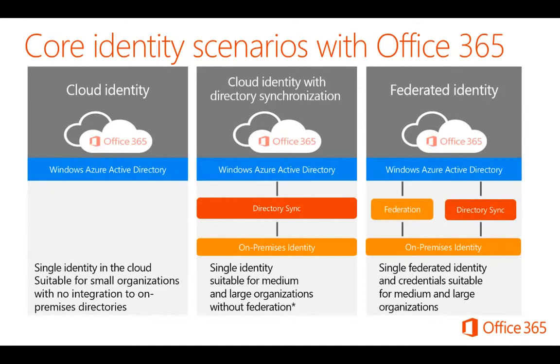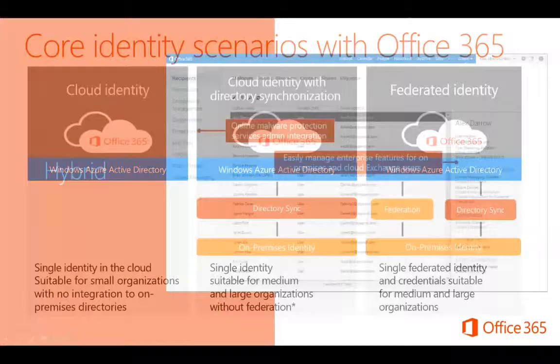That works in conjunction, again, with the DirSync utility, which synchronizes users from the on-premises Active Directory up to Windows Azure Active Directory. Today, this works in a single forest. In the future, we'll be releasing an update that will allow the synchronization to take place in multiple forest Active Directories, which you'll typically see in very, very large companies.